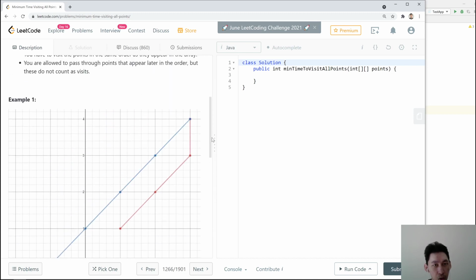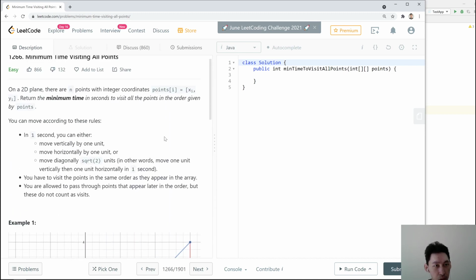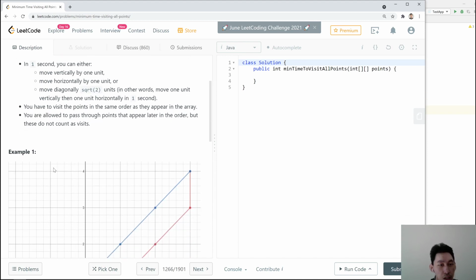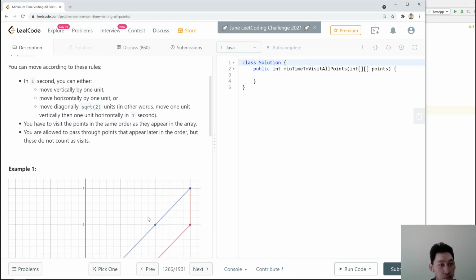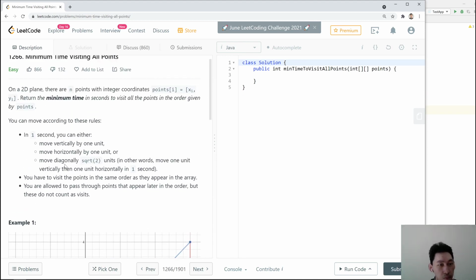Do we have to go in sequence, in the order given by points? Wait, we can move diagonally. Oh, yeah, okay. And it still counts as one move, in the same order.